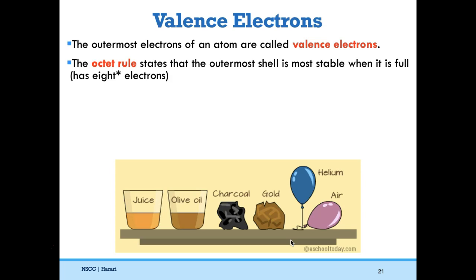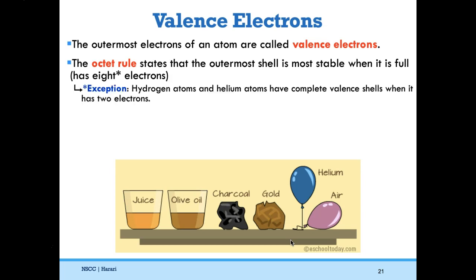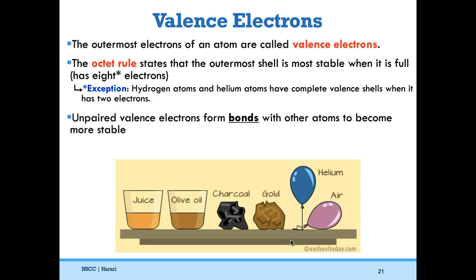Oct means 8. So the valence electrons determine the stability of an atom. There's an exception: hydrogen and helium have complete valence shells with 2 electrons, because they don't have enough electrons to fill a second shell to begin with.